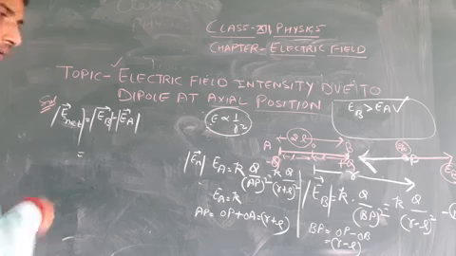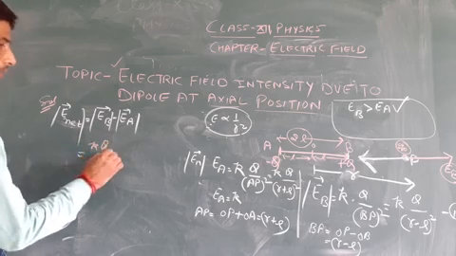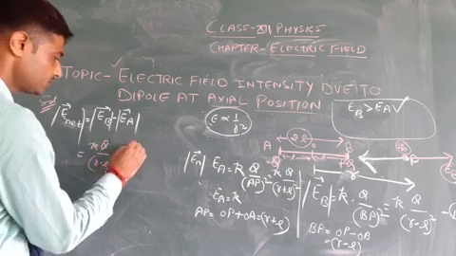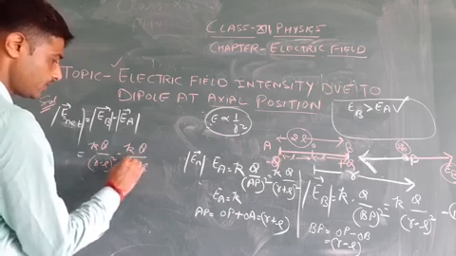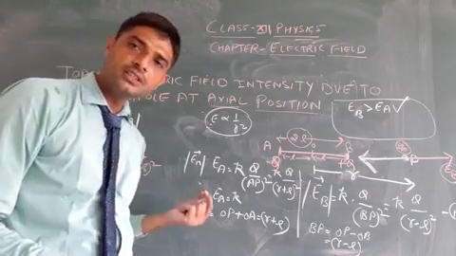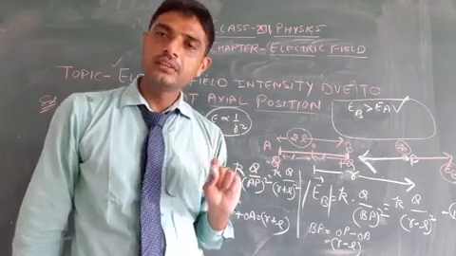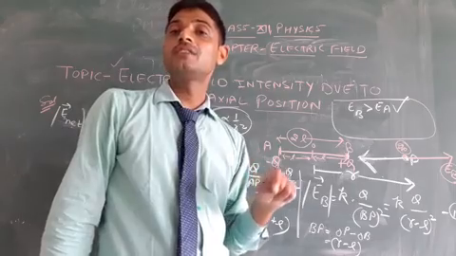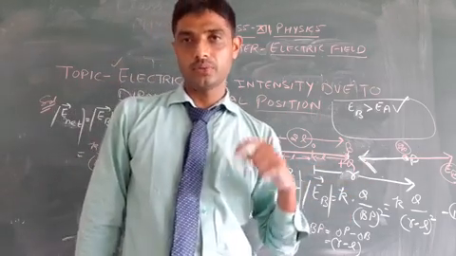So by putting the values, K Q upon R minus L whole square minus K Q upon R plus L whole square. And the important point is that when you find intensity, there is no need to take the sign, because intensity is a vector quantity and the sign represents whether there is a repulsive or attractive force.